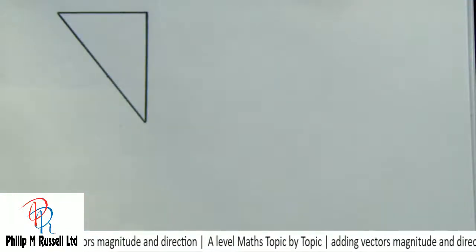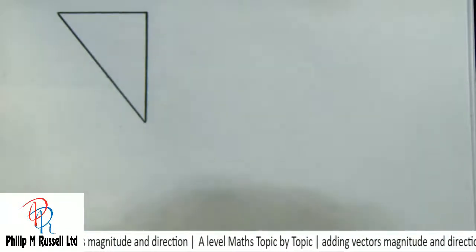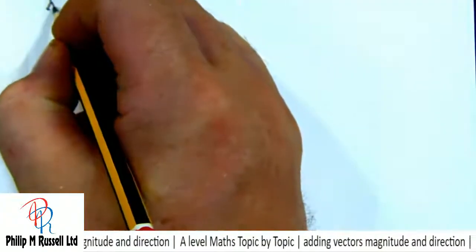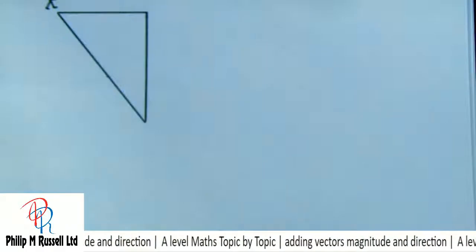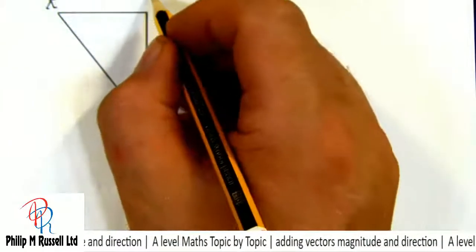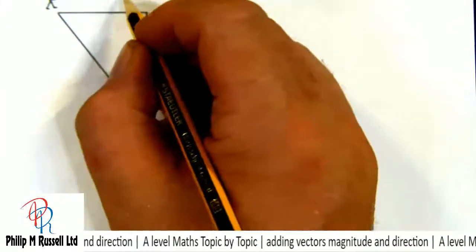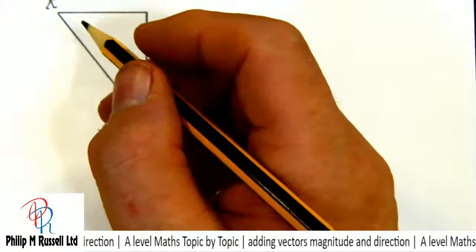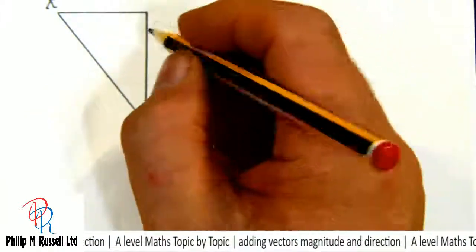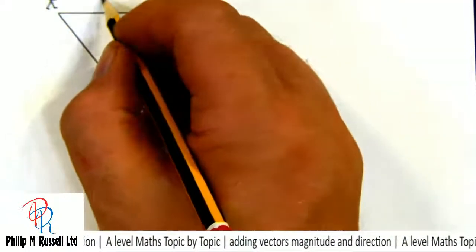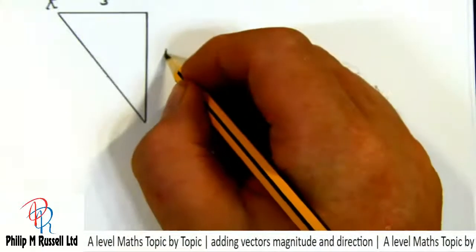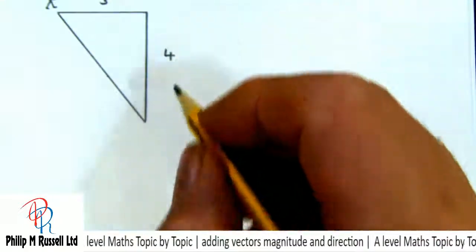A typical problem is, let's suppose somebody is going to walk due east, let's make it nice and easy, 3 here, and then they're going to walk due south 4.